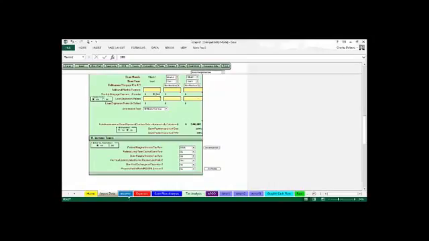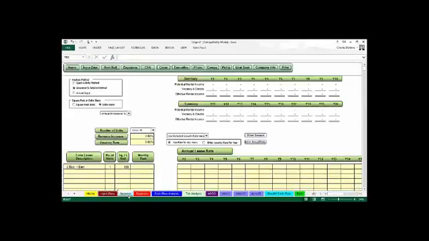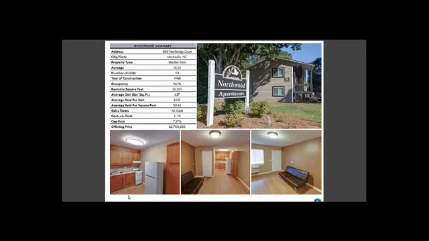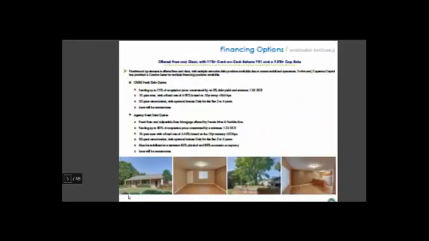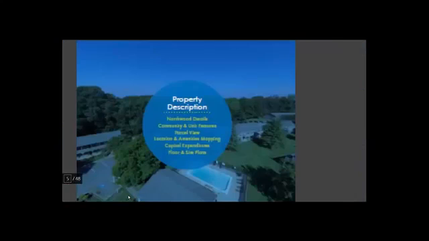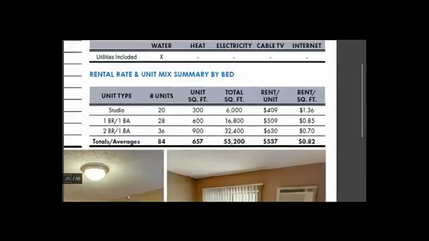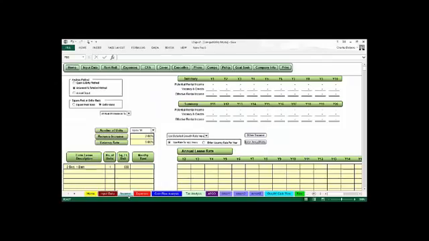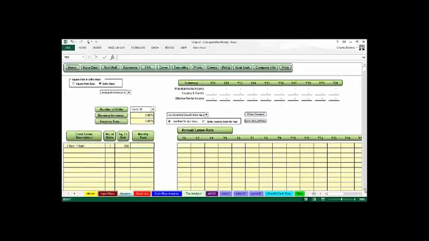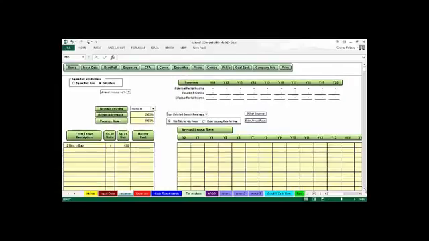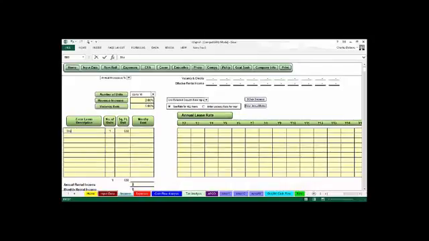Now let's go over to the income section. This is where that particular slide, page 20, let me go back here. And it's right here, all right? So this information is going to come in handy right now because in this particular slide, I'm going to put in that we have studio, and we have 20 studio units, and they're 300 square feet, and it's 409, okay?